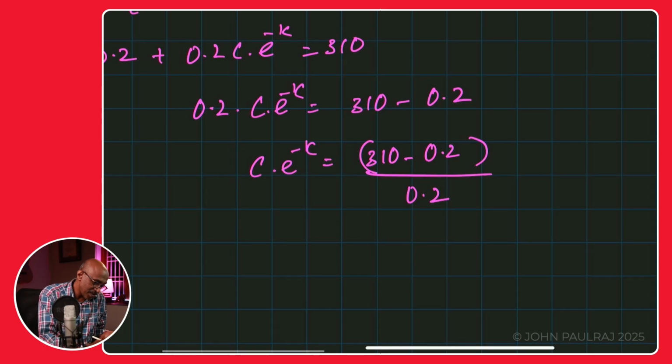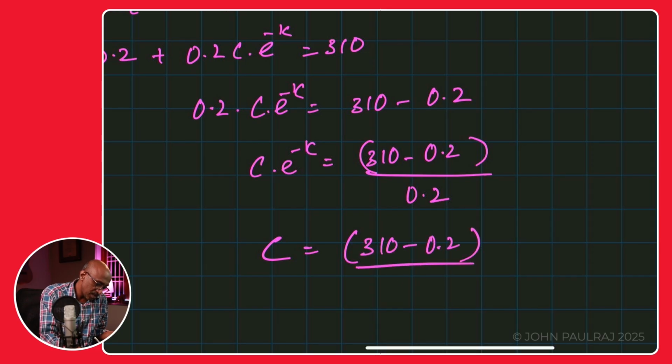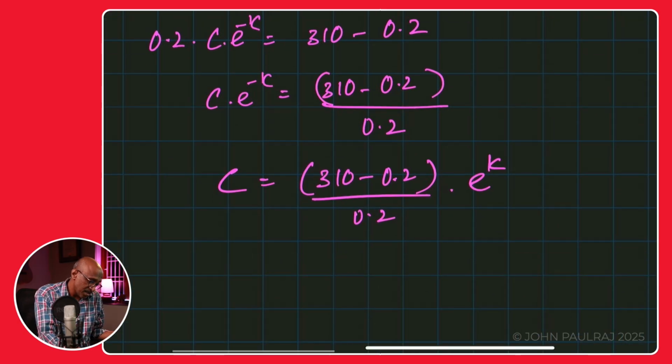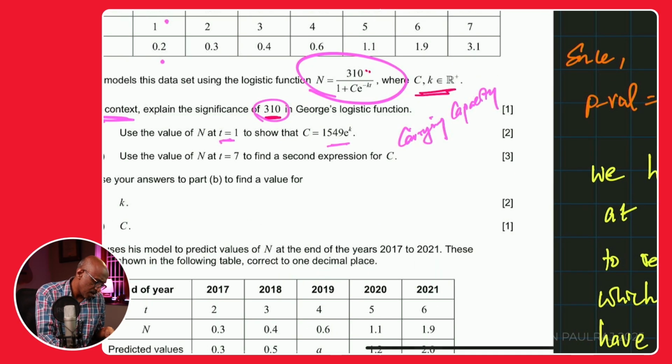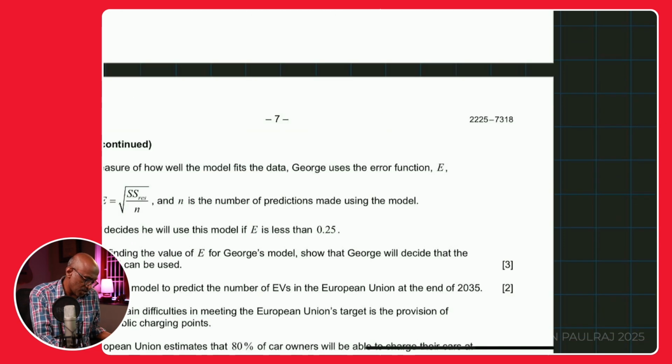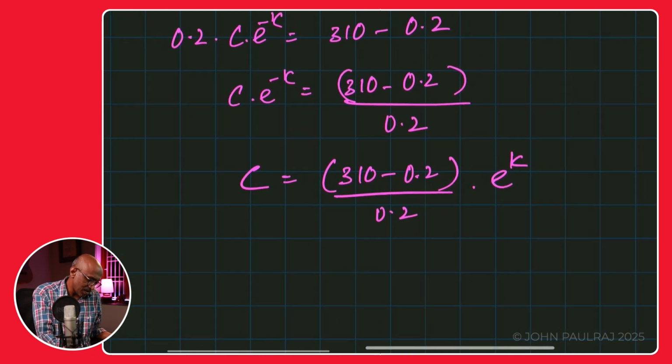Then we can divide further by e to the power of minus k, which gives us (310 minus 0.2) divided by (0.2 times e to the power of minus k), that is, multiplied by e to the power of k. Remember that. So that's the expression. I think we got it. We just have to put it in the calculator and see that that value is equal to 1549. All right, let's just check that.